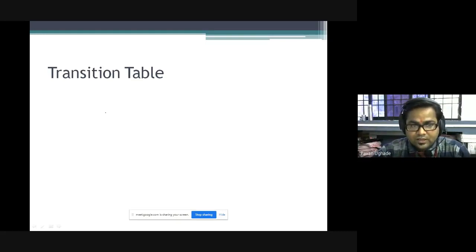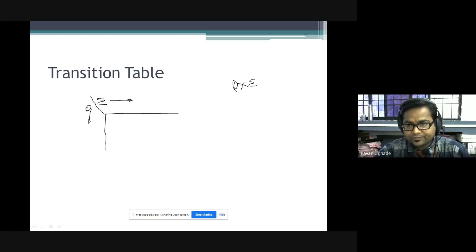So first I'll make one versus. Over the x-axis there will be the alphabets, and here it will be the states. So it is state versus alphabet.